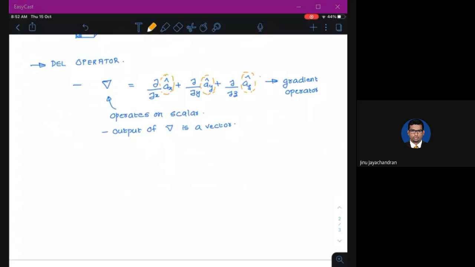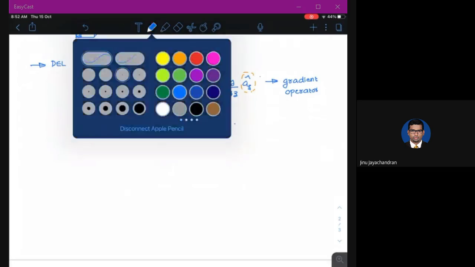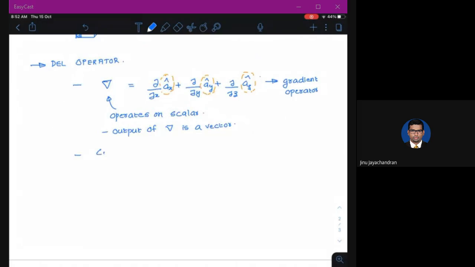So this is in the Cartesian system. Similarly, you can define the del operator in cylindrical coordinate system as del is equal to dou by dou rho a rho cap plus 1 by rho dou by dou phi a phi cap plus dou by dou z a z cap. You can derive all these expressions. I am not going into the derivation. It is out of your syllabus.